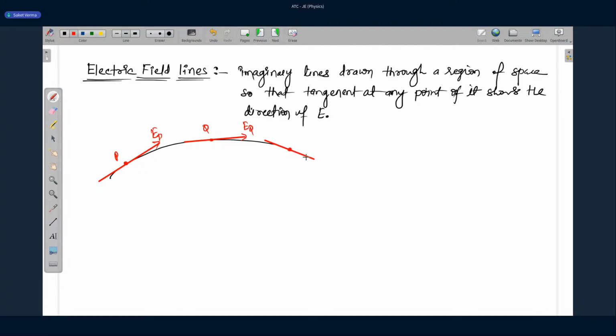And at point R, it is the direction of the electric field. What are the different properties of electric field lines? These are imaginary lines. They can be curved or straight.